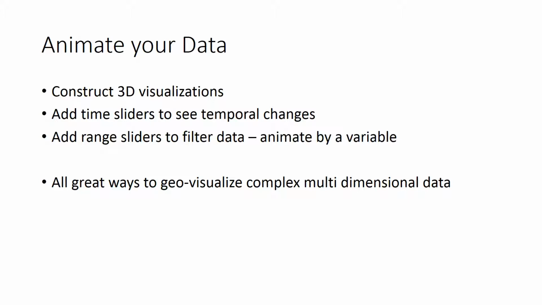You go from having maybe 10 rings on the color ramp out from the points, down to 8, down to 7, down to 6, to 5, and as you continue to move that slider across, it shows fewer and fewer of the data, and focuses in on the data with a higher probability. So all these are great ways to geovisualize complex multidimensional data, which is really what this is about.